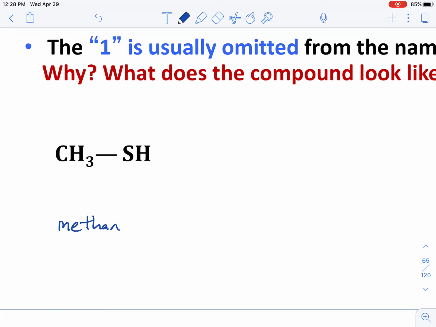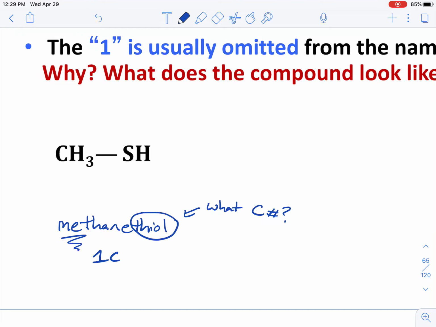Looking at this 1 carbon compound, usually you would have to tell the reader what carbon number this functional group is found in. However, for a 1 carbon compound, there's only one way to attach a thiol to this 1 carbon compound.